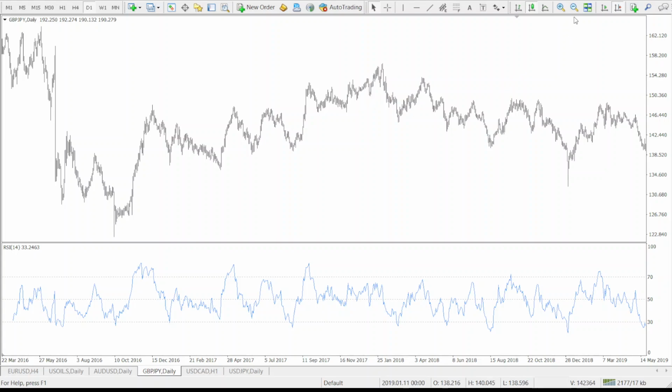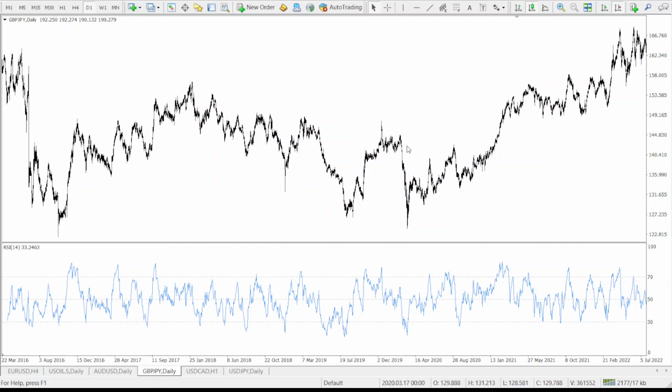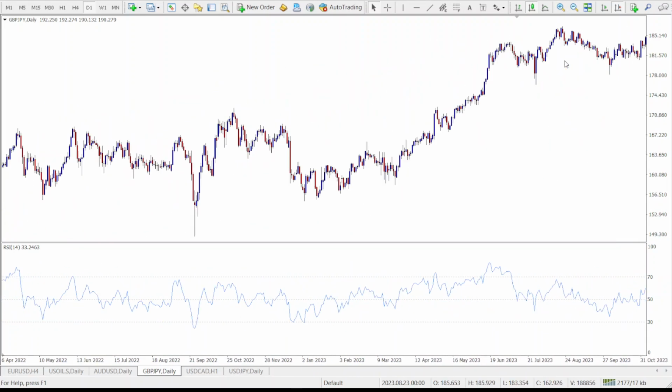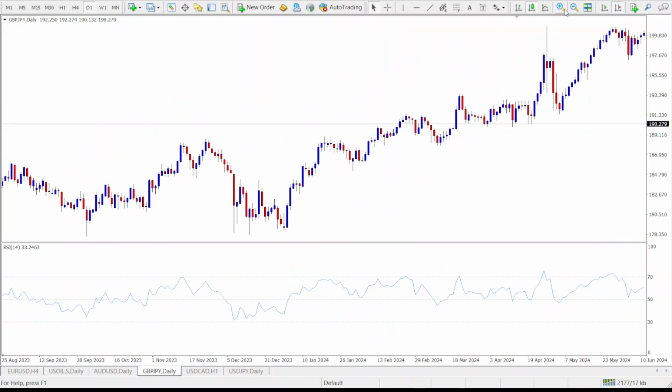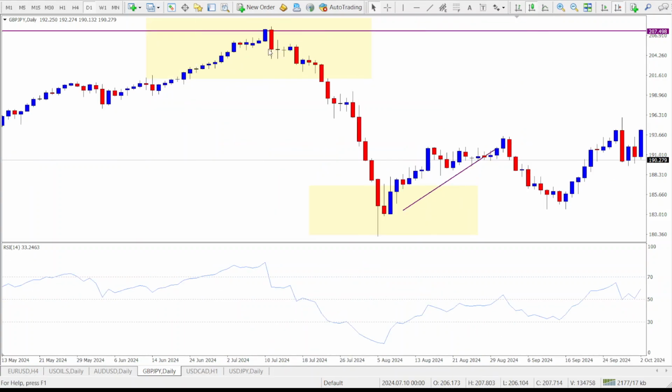Let us zoom out a bit. We have a resistance zone around that point. And apart from the fact that there is a resistance zone around that point, if you look closely, you're going to see that we had a bearish engulfing. Can you see how this candle swallowed the previous?